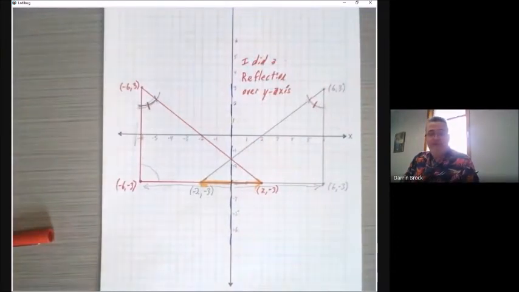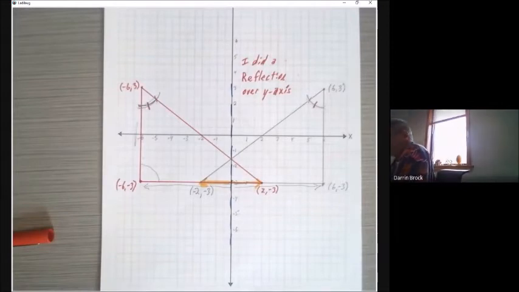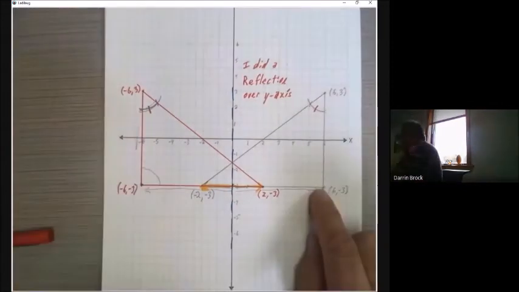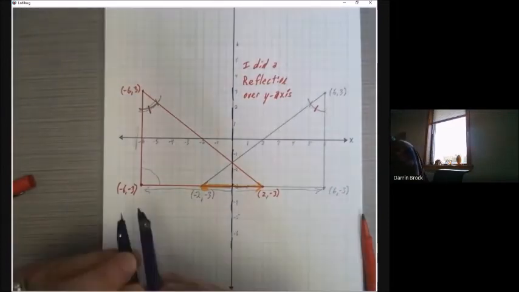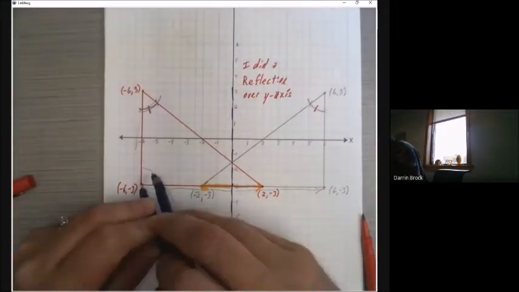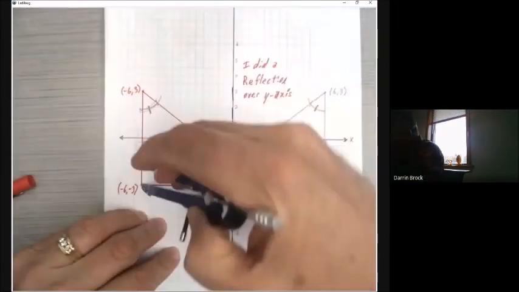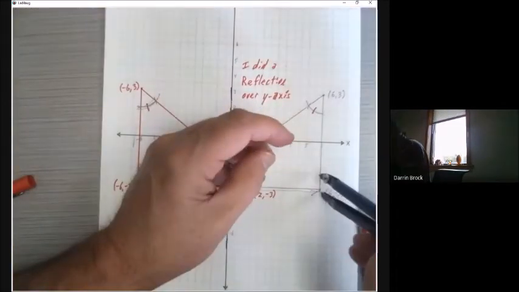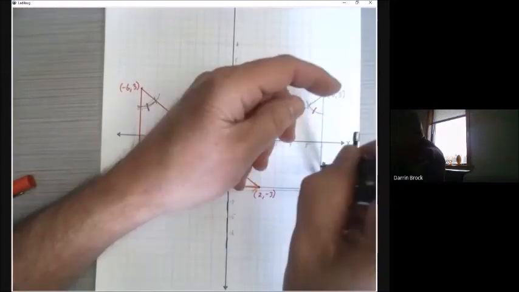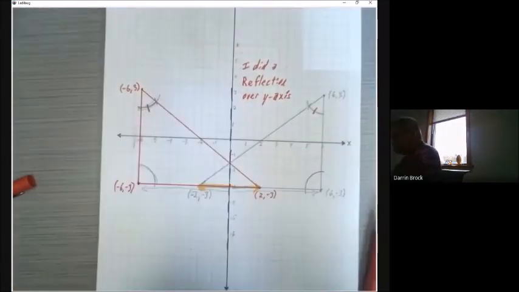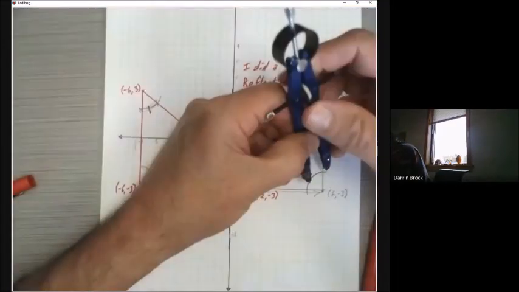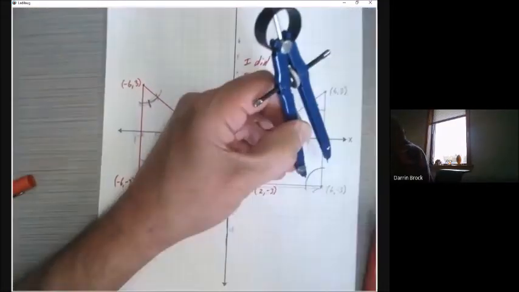So we need to do the same thing with this angle down here. I'll take my compass and make an arc again. I'll go over here and make the same size, and then measure the distance.